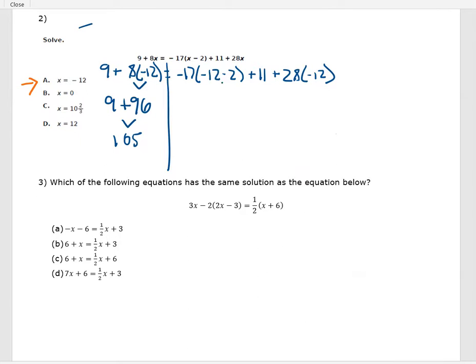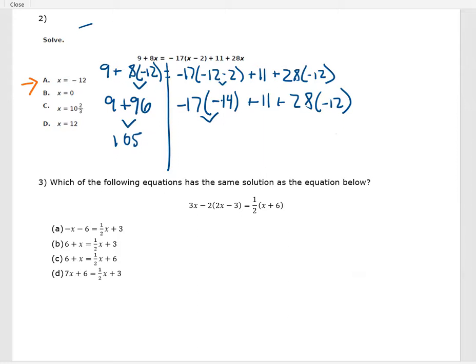I'm going to use order of operations here. I have negative 12 minus 2, which will give me negative 14. I have negative 17 times negative 14 plus 11 plus 28 times negative 12.